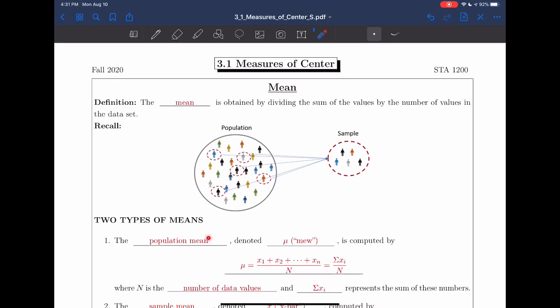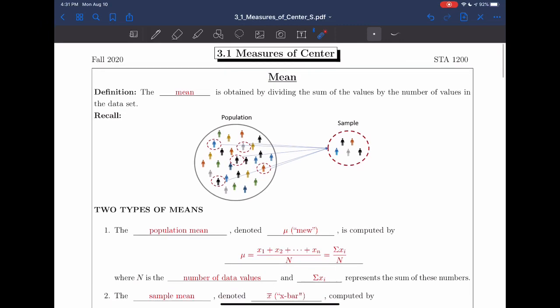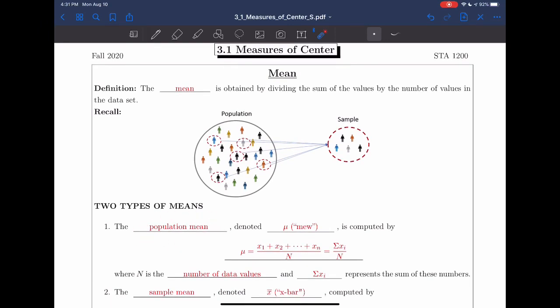The population mean is denoted by this Greek letter called mu. It's just a fancy u with a long tail in the beginning. To compute the population mean, all we have to do is take the sum of all your data values in your data set and divide it by the total number of observations in your data set.